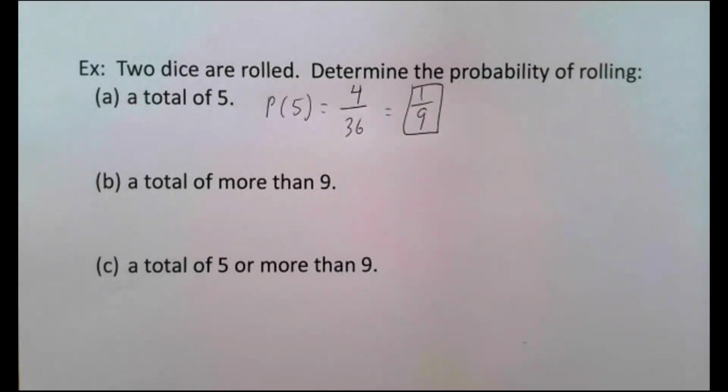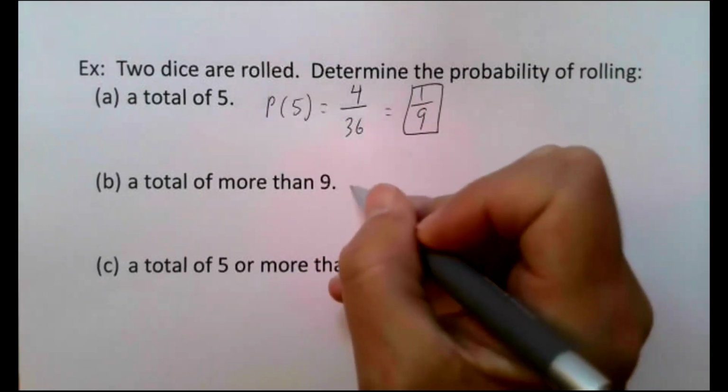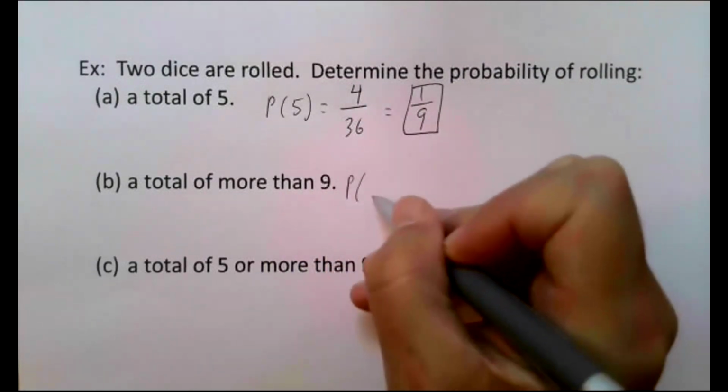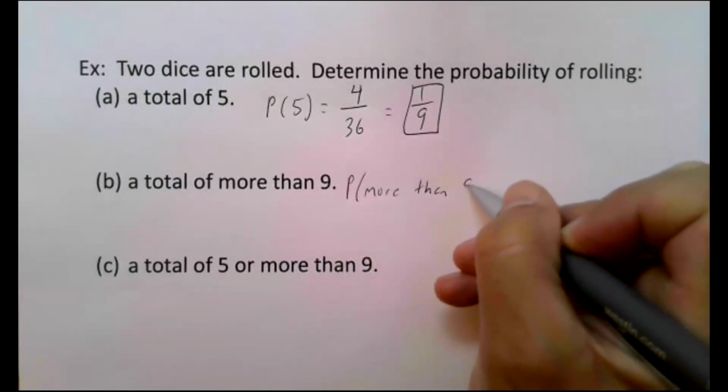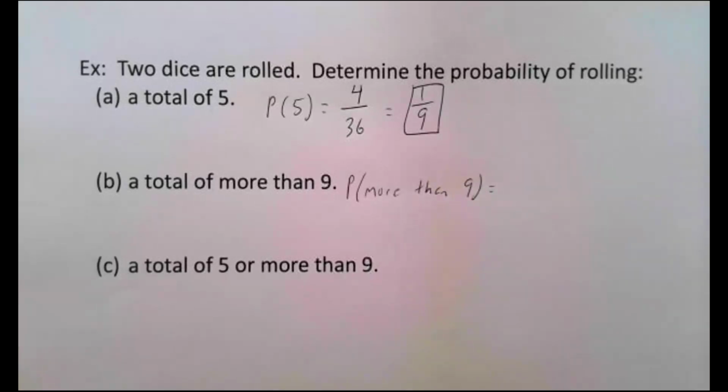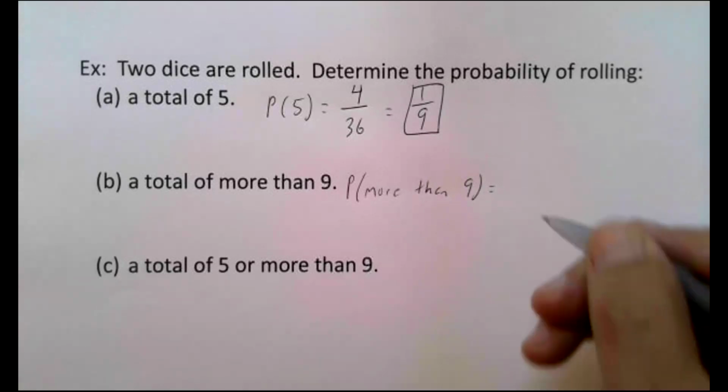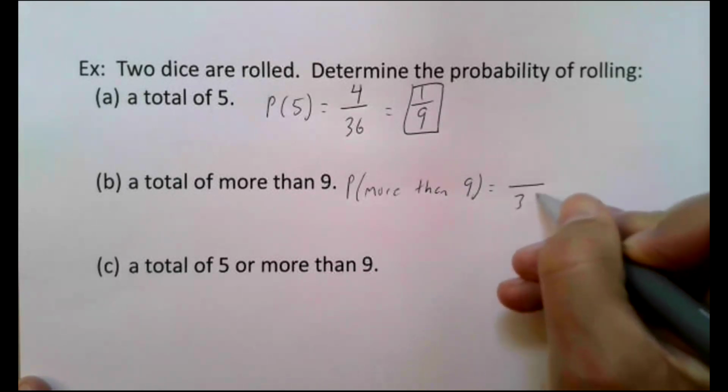Part B, if you roll 2 dice, what's the probability that they add up to something more than 9? What's the probability that the total is more than 9? Well, we should know that our denominator is going to be 36.